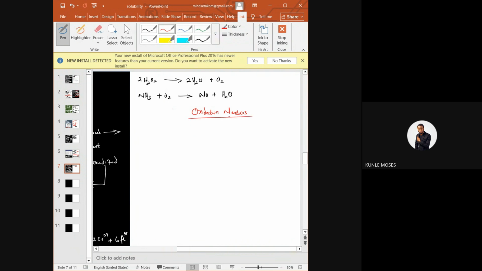Many times they don't ask questions on that list. Many times. But you can see questions under it. But sometimes you need to know how to calculate your oxidation number so that you can get your oxidizing agents and your reducing agents properly.